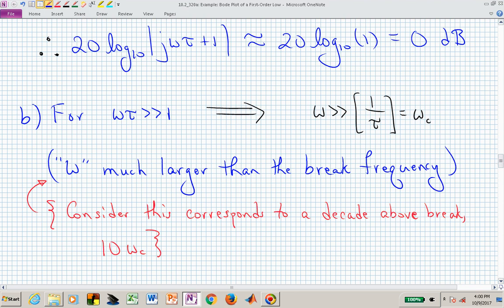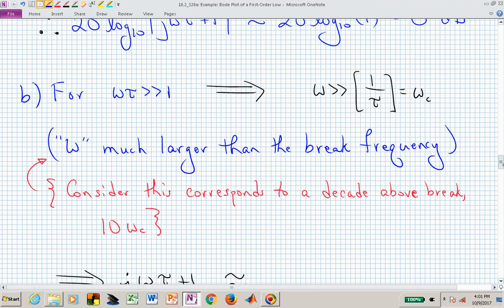Being consistent, low meant a factor of 10 below omega sub c. High means a factor of 10 greater than the break frequency. So that's what we want to consider omega being equal to, or larger than, or exceeding. So the high frequencies are a decade beyond the cutoff frequency.